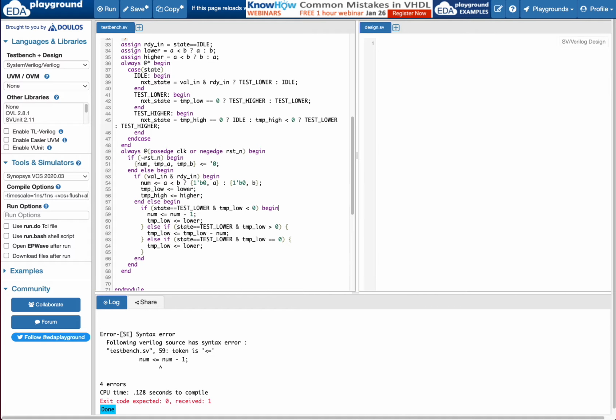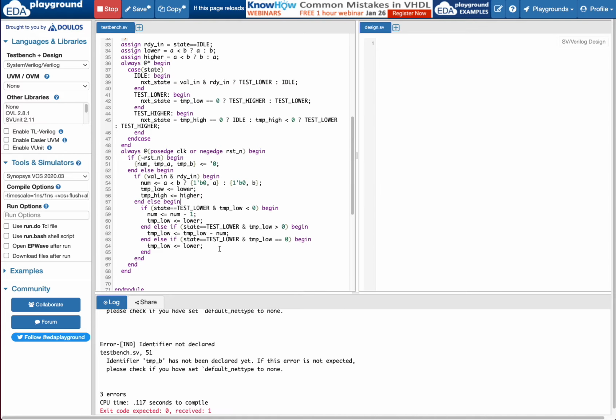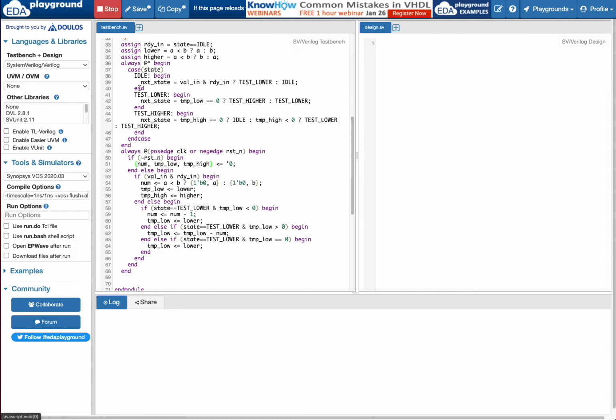Oh, okay, God. Too much TypeScript. And else if begin, and else if end. Oh, okay. Temp B has not been declared yet. Okay, let's clear out some typo errors.